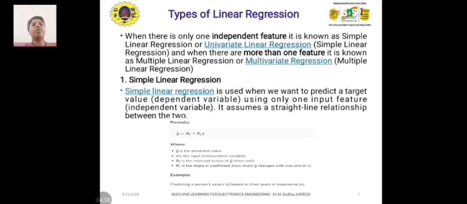Where there is more than one feature, it is known as multiple linear regression, or multivariate regression. Simple linear regression is used when we want to predict a target dependent variable using only one input feature, and it assumes a straight line relationship between the two.